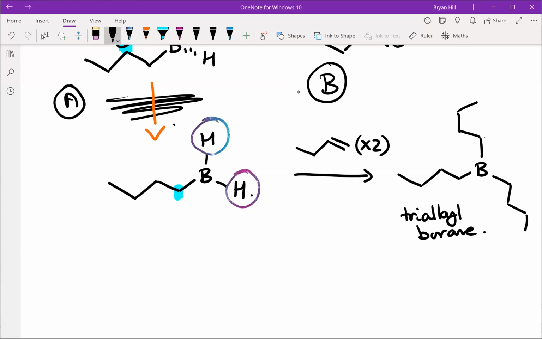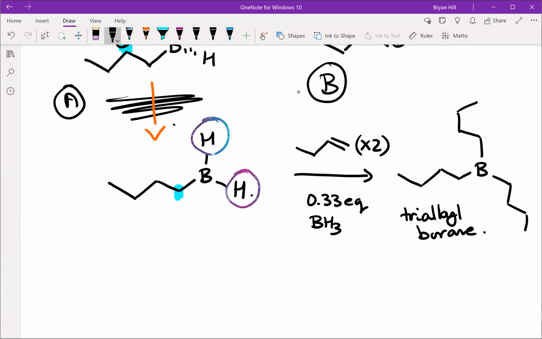So stoichiometrically, if we're doing a reaction with borane, you can actually use less than one equivalent. You could use technically 0.33 equivalents of BH3 to do this reaction, depending upon what your molecule was, how big it is, and all that sort of stuff. So it's an interesting thing.